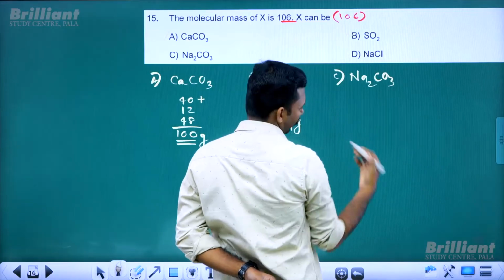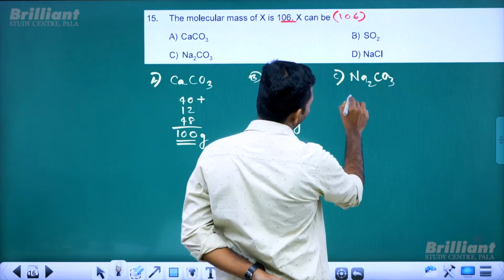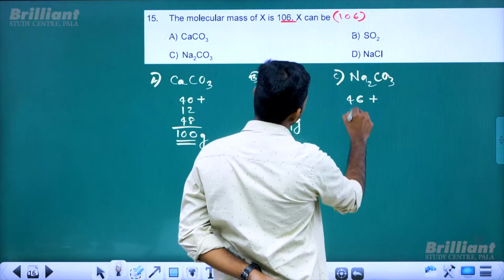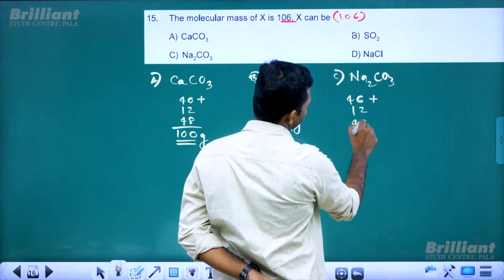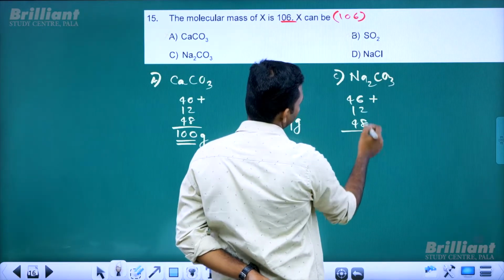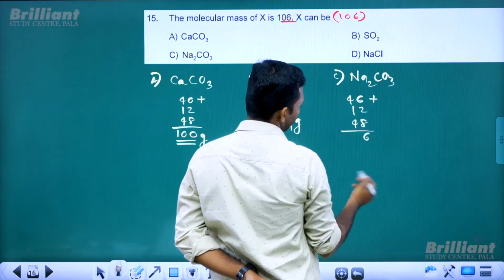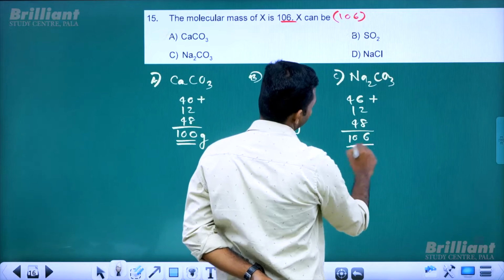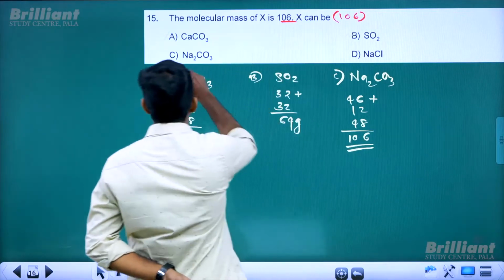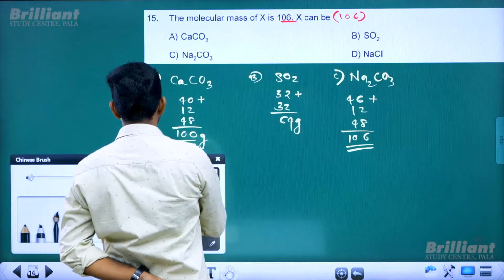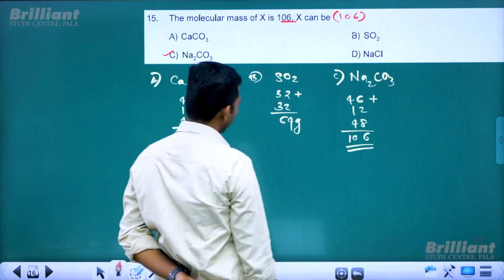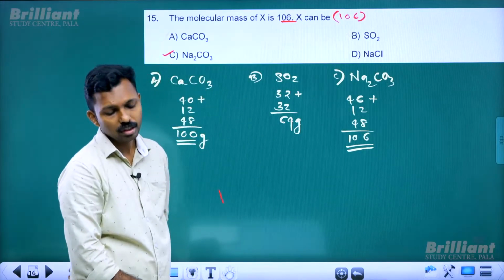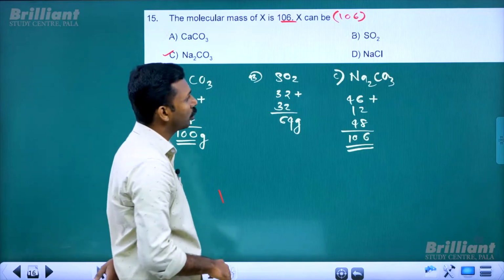Sodium is 23 into 2, 46, plus 12 plus 48. So it is 106, right? So the answer option will be option C, our sodium carbonate. It is having 106 as its molecular mass.